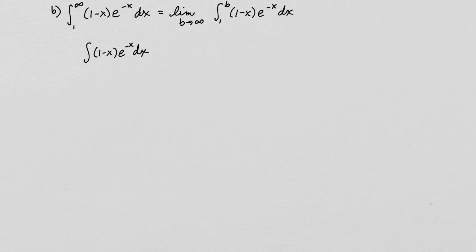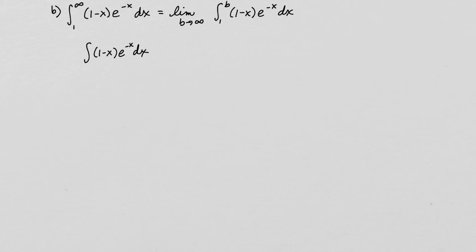Okay, so u sub isn't a bad idea, but what would you try making your u? 1 minus x. Okay, so let's look at this. Don't write it down yet, but if you let u be 1 minus x, then du is just going to be dx, and I still have the e to the minus x part. So that's still giving me an issue. So u sub wasn't a bad idea to try, but it's not going to work out in this problem.